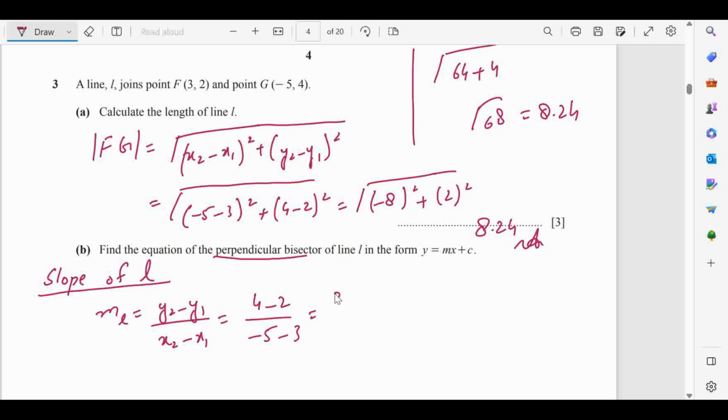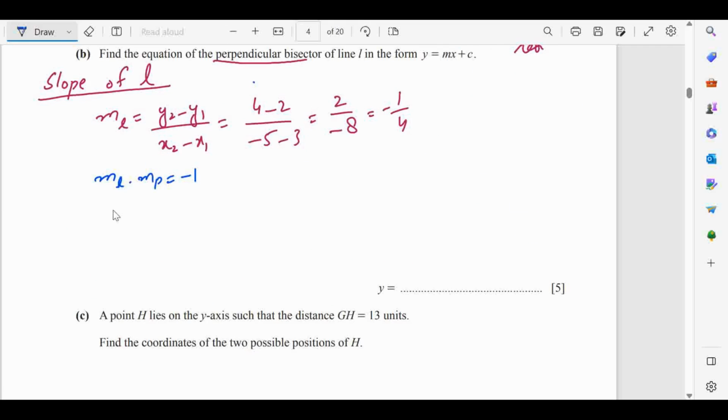So this will be equals to 2 divided by minus 8, so minus 1 by 4. As we know, for a perpendicular bisector, the product of the slope of the line and the slope of the perpendicular bisector will be equals to -1.